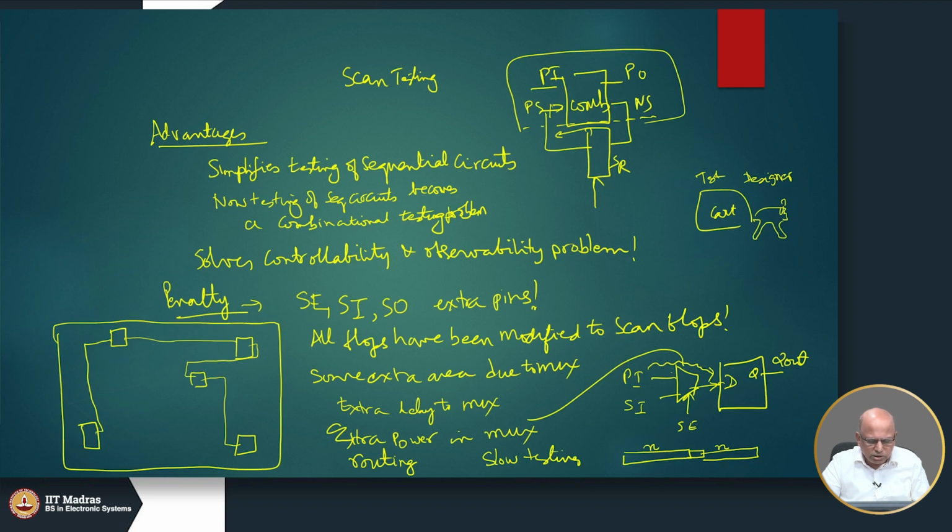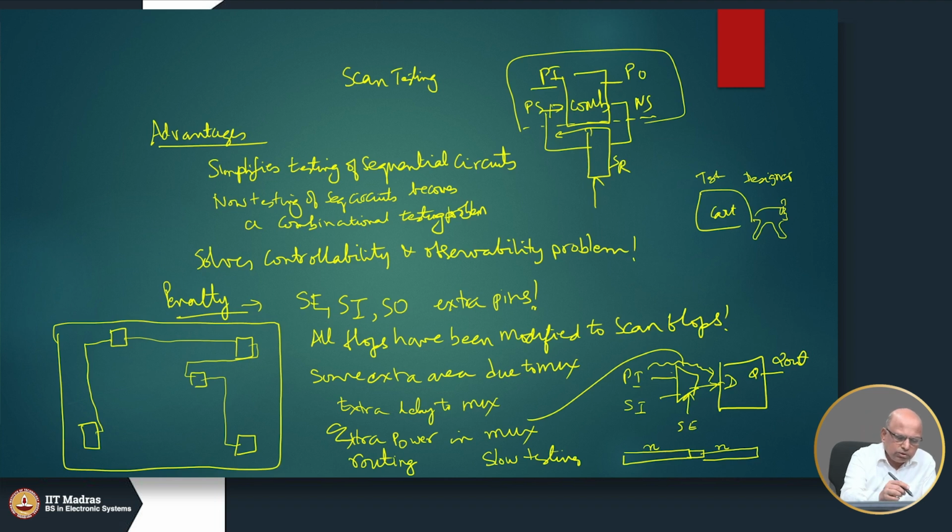They complained about the area penalty, delays, mux, the mux power. Power may not have been a big deal in those days. I think mostly they were complaining about area and maybe delay and all the extra wires that you have to add in and all that, right. But over a period of time, they have realized that there is no other way, okay. You can't really do any other way, right.